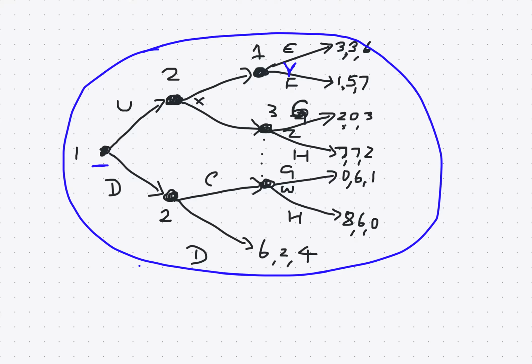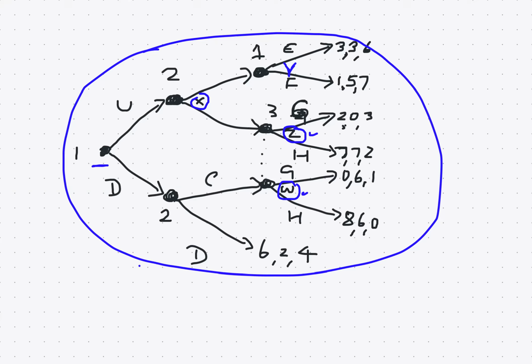Node X here, in contrast, does not initiate a subgame because one of its successors, node G over here, is in the same information set as a node that is not one of its successors, that is node W. In other words, starting from node X, there is a contingency in which player 3 does not know whether he is at a successor of X. By the same reasoning, neither G nor W initiate a subgame.